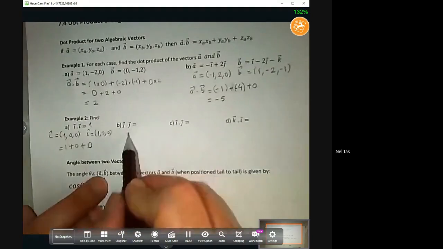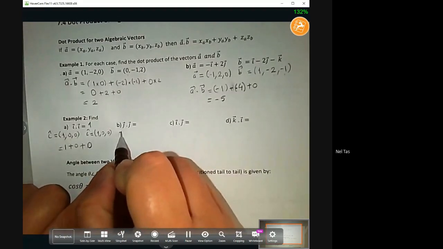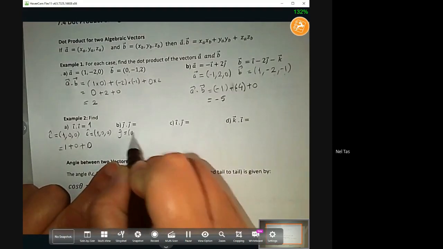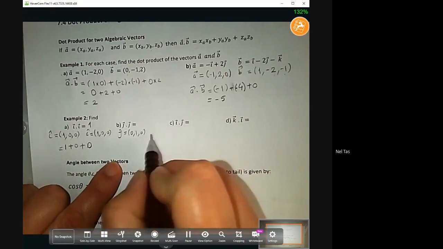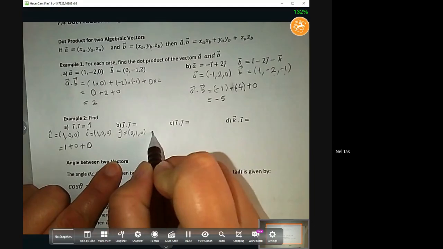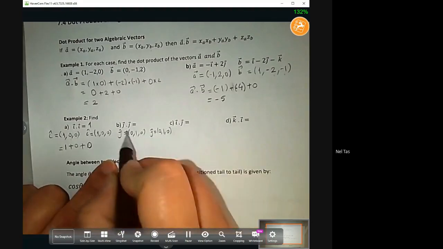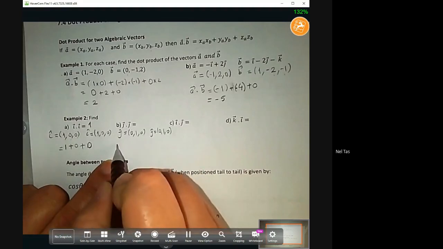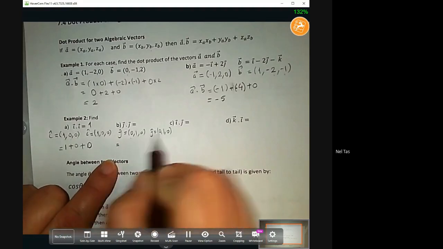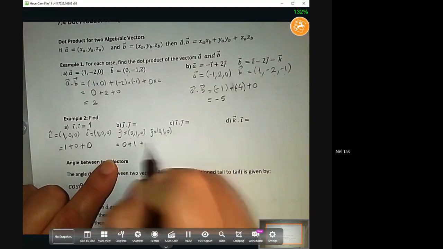So J dot J. J, as you know, is 0, 1, 0. And if you write the second one, 0, 1, 0. So when you do J dot J, 0 times 0, 0. 1 times 1, 1. 0 times 0 is 0.